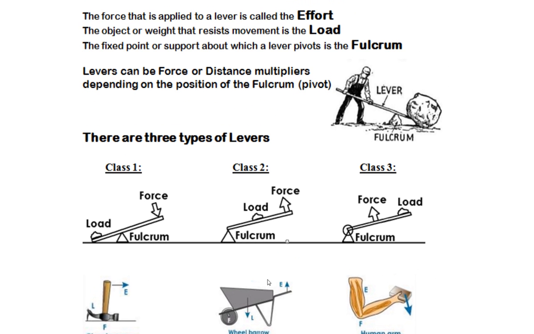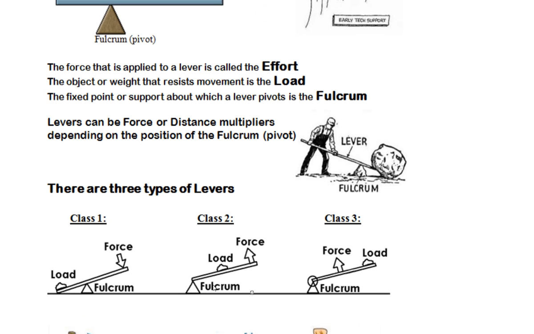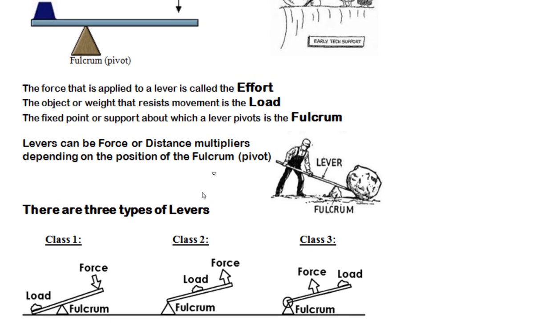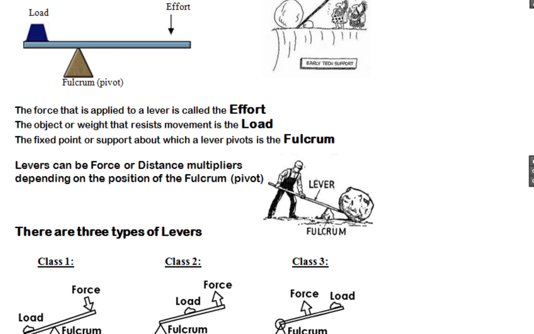I'll just draw one up here. Just give me a bit of space. Alright, bring that down. So if I have a lever that looks something like this, we'll put the pivot over this end, and let's say we've got a load, so I'll do that in a different colour.